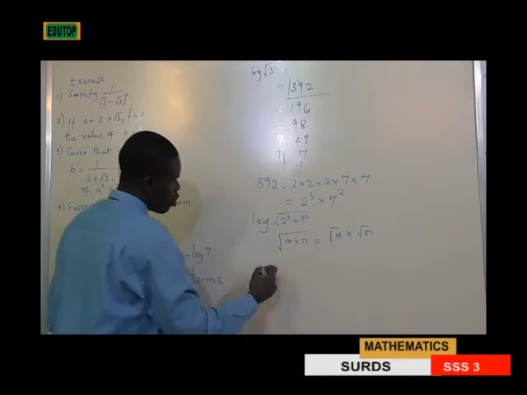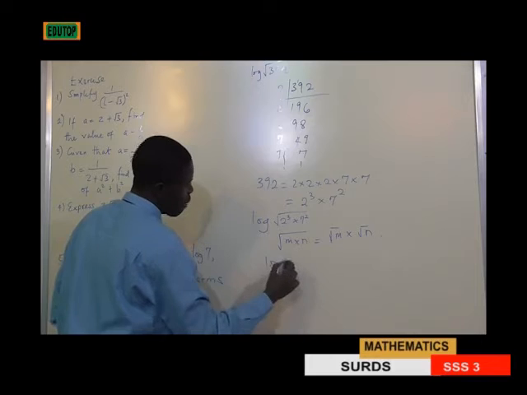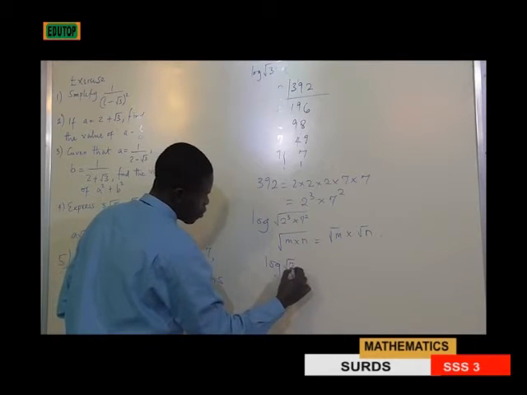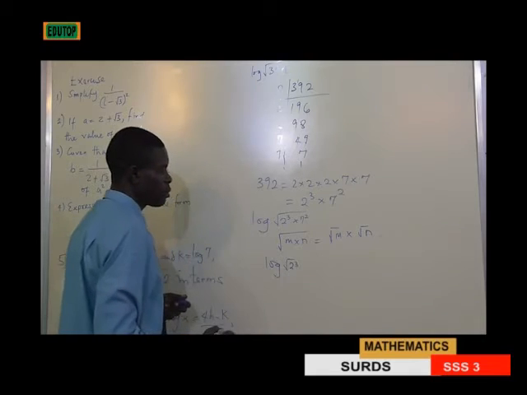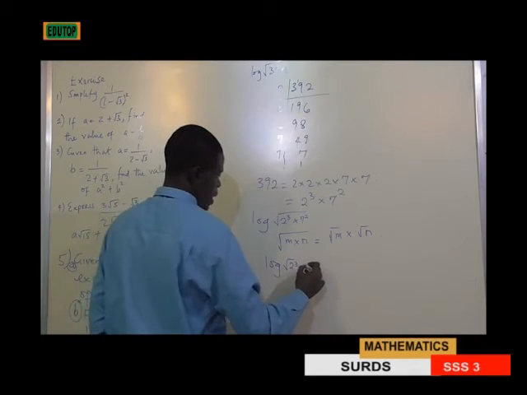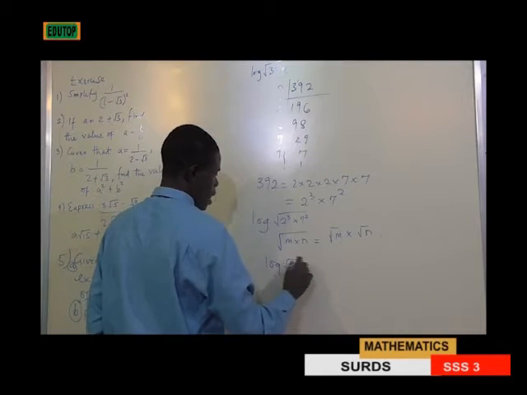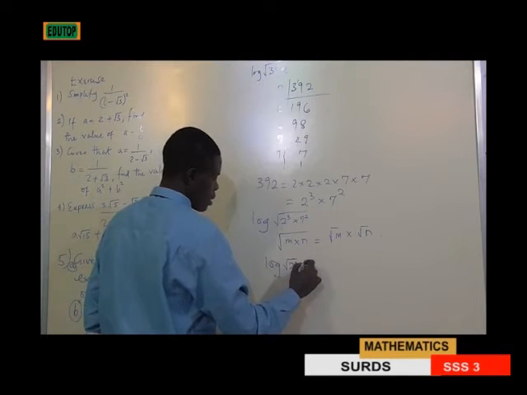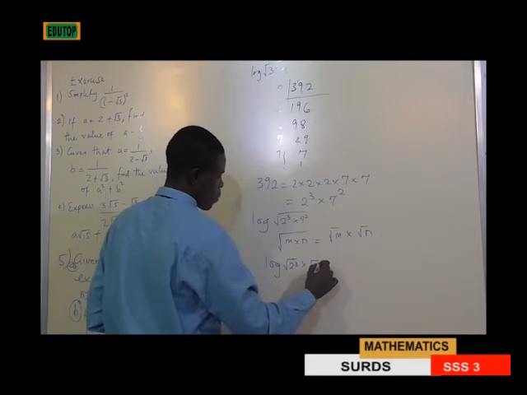So we can apply that rule here, and by applying the rule, we have log of root 2 raised to power 3 times root 7 raised to power 2.